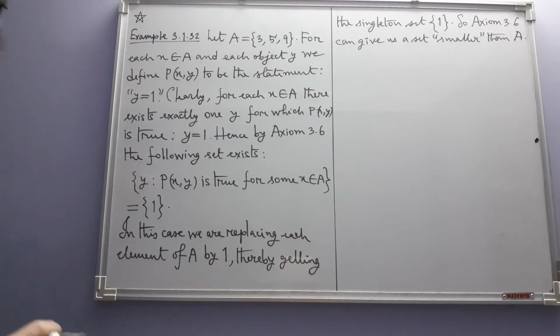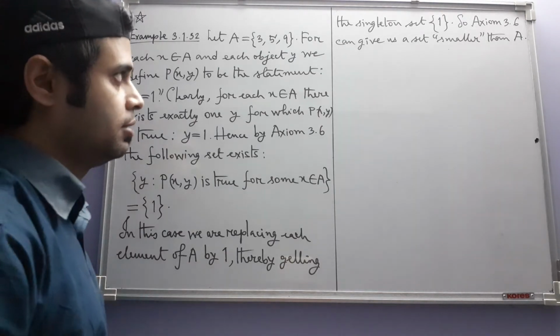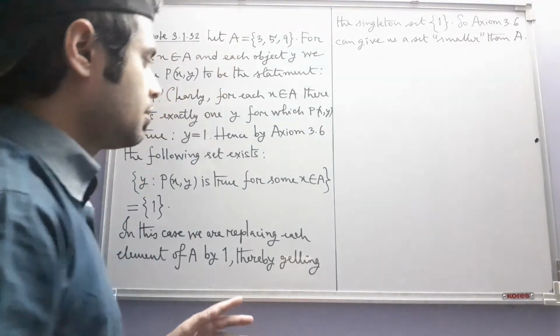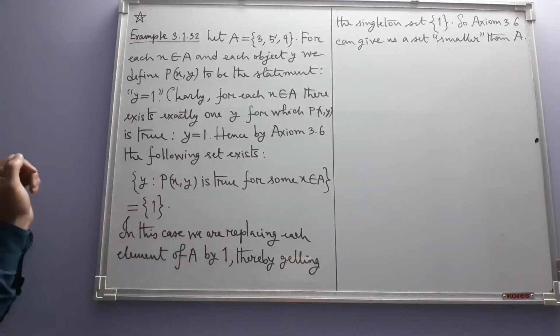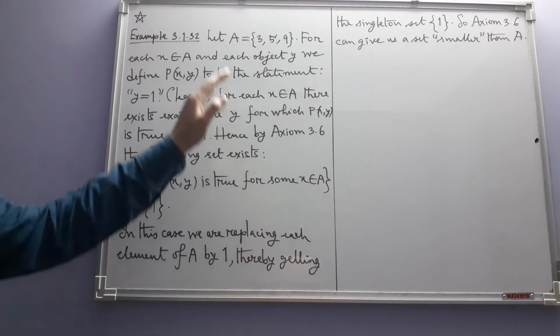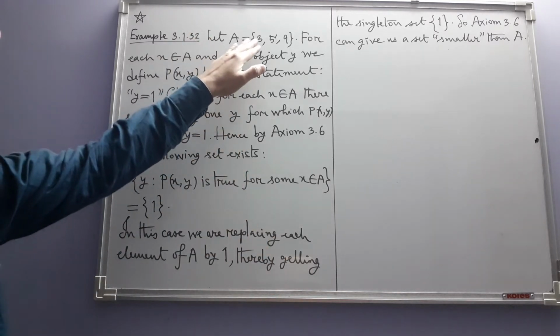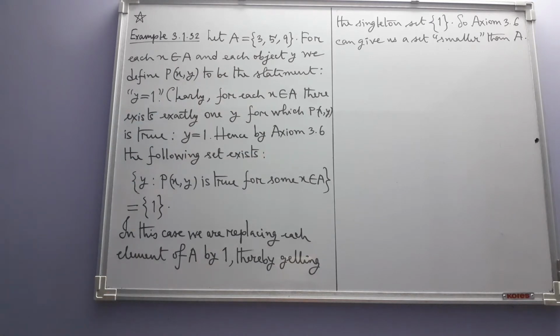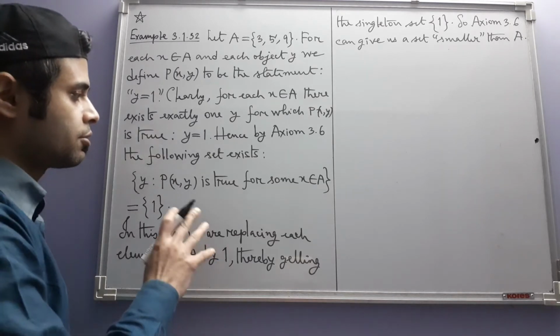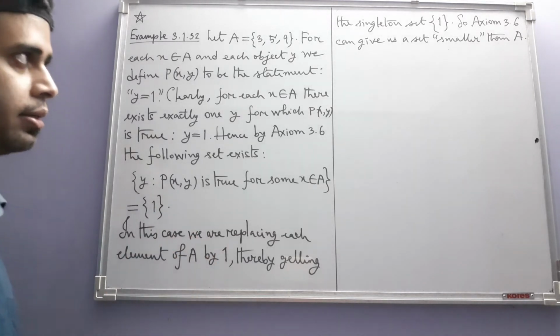In our case, the original set is A, that's why we have written A. However, note that in this place we cannot have a larger set than A. That's because every element of A is either replaced by exactly one element or it is not replaced by anything. So that's why it's not possible to have a set larger than A.